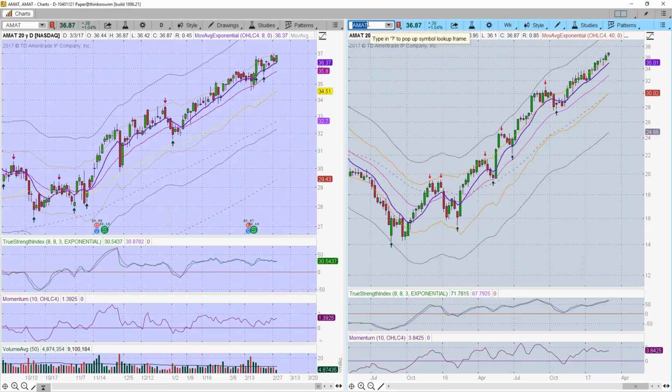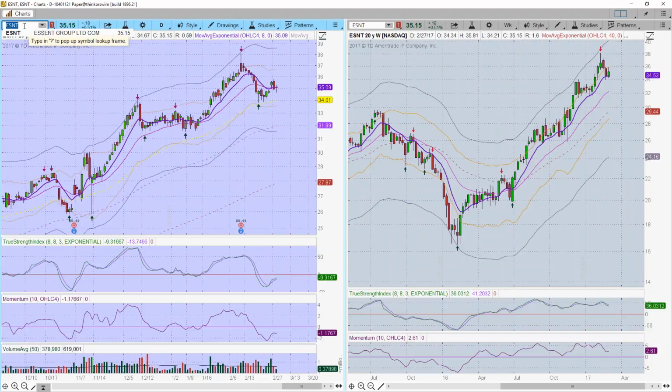Let's see, what's another one we've been looking at? One of the ones we have been evaluating is ESNT, and we'll see how this one turns out. We had some good buying coming off the 50-day moving average, and we should find out soon whether this is going to be a successful bounce off the 50-day or not.